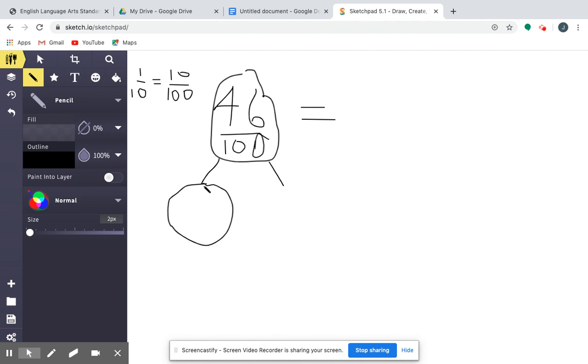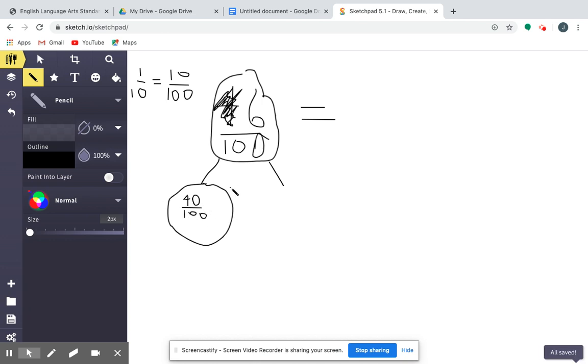We'll put those here. So I could write 40/100ths, because that's what I took out. But we want to write them as tenths.